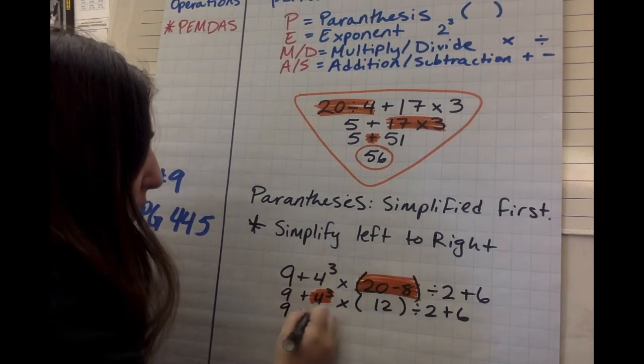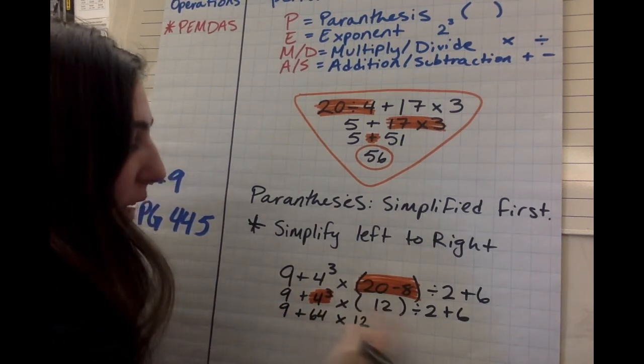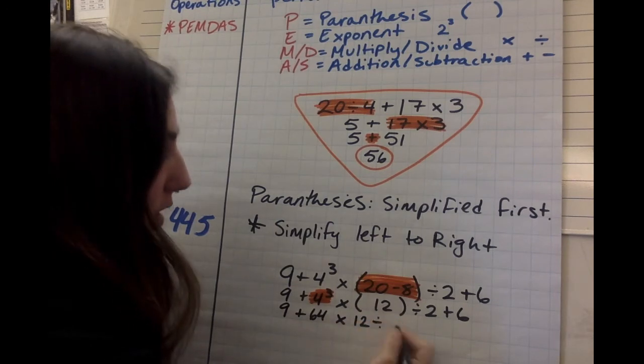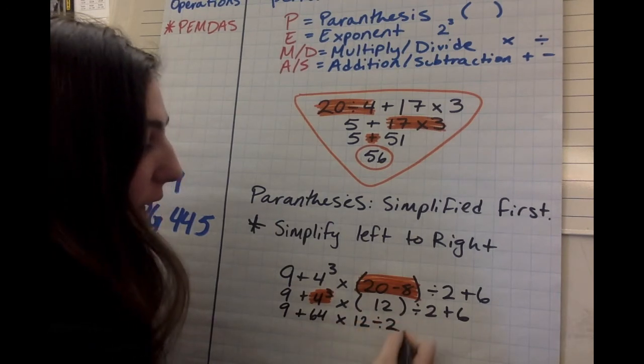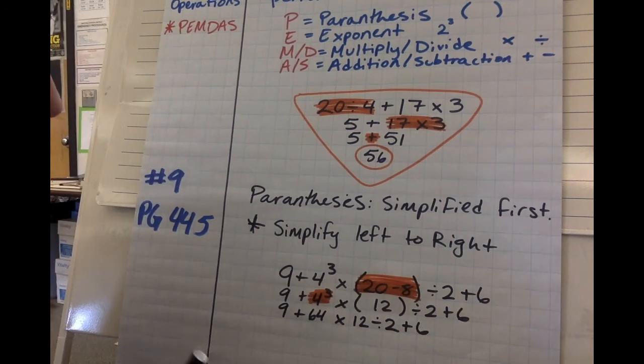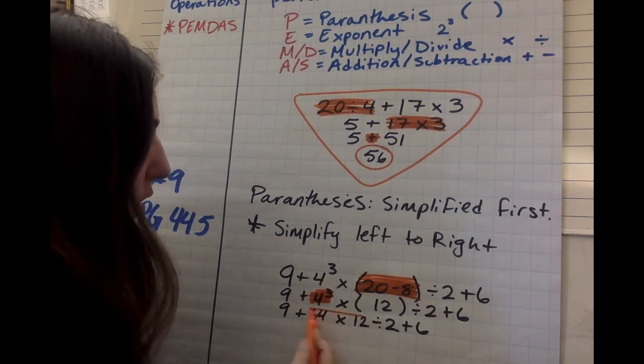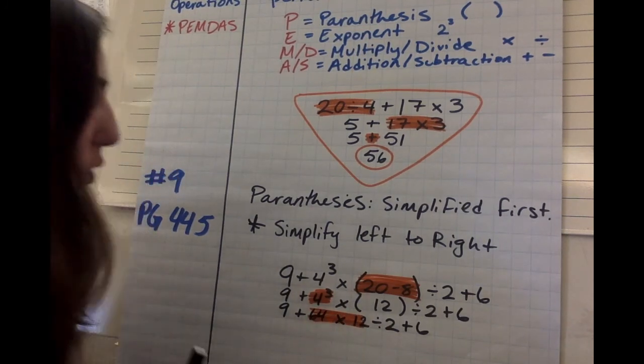So 9 plus 64 times 12, I'm leaving out the parentheses, divided by 2 plus 6. I now need to do multiplication and division left to right. I'm going to perform this first.